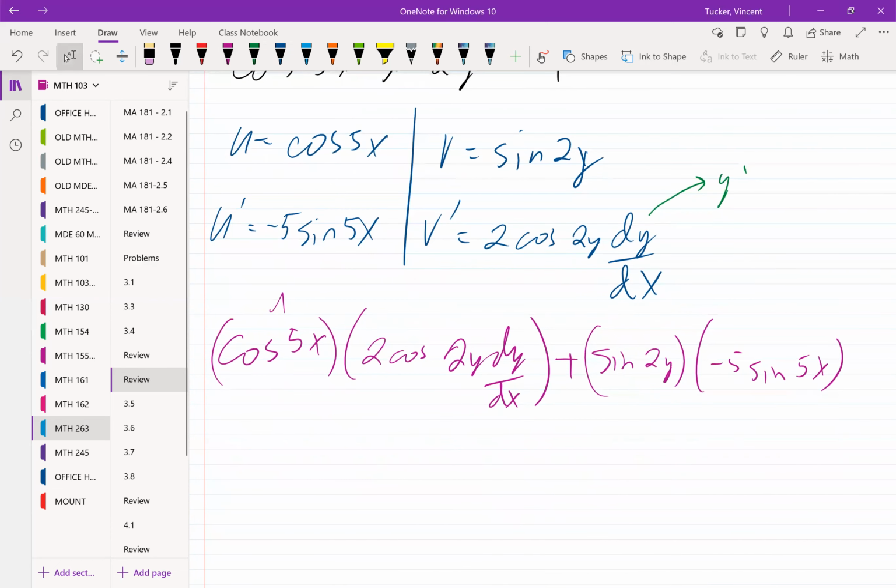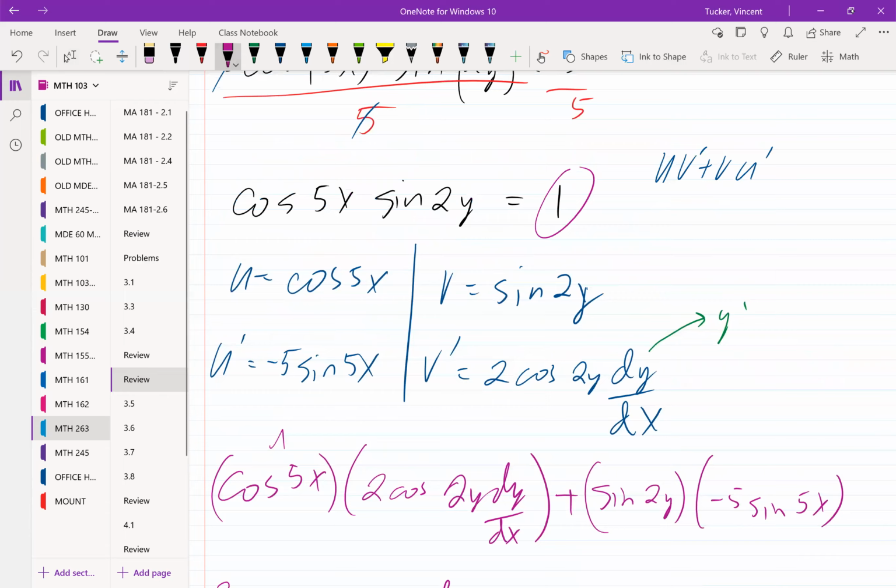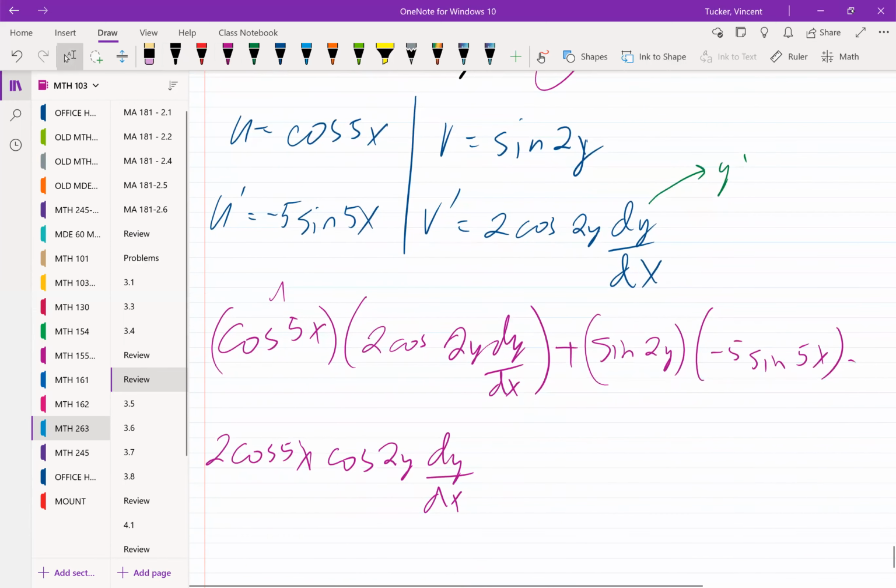Okay, so simplifying. Just bring that 2 out front. On the right side, the derivative of 1 is just 0. Any constant, just 0.